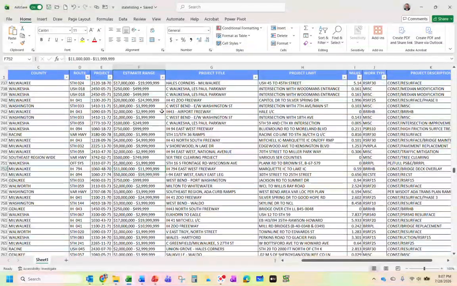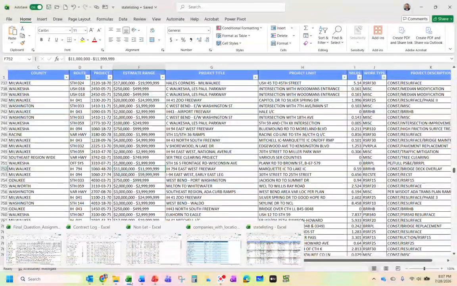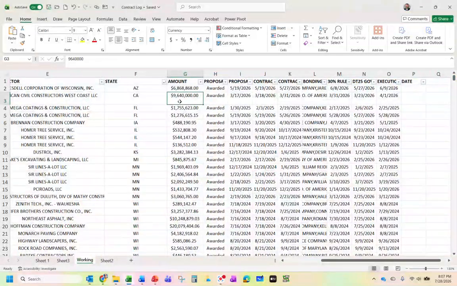But what I want to focus on more specifically is getting through the questions and going through the AI stuff. So if my question was, how accurate were the estimates versus the bids, or the awarded contract amounts?